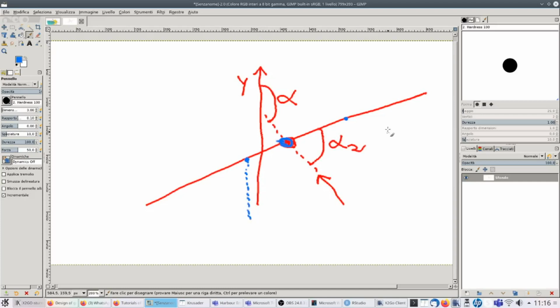So if I draw the verticals to the x-axis, this is my x, and I am now computing this difference.